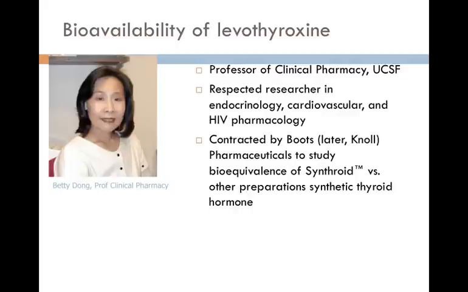She was contracted by Boots and later Knoll, who bought Boots Pharmaceuticals, to study the bioequivalence of Synthroid. Synthroid was at that time the gold standard, and most people were on Synthroid, and you were not allowed to generically substitute. So they had a corner on the market, and they wanted to show this then. Boots decided they wanted to have data that showed that they were superior to the other preparations of thyroid hormone.